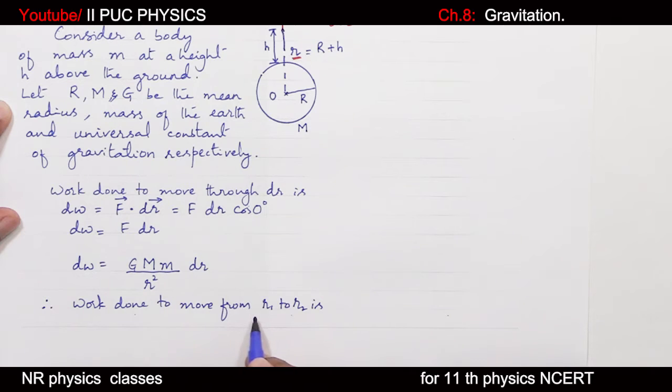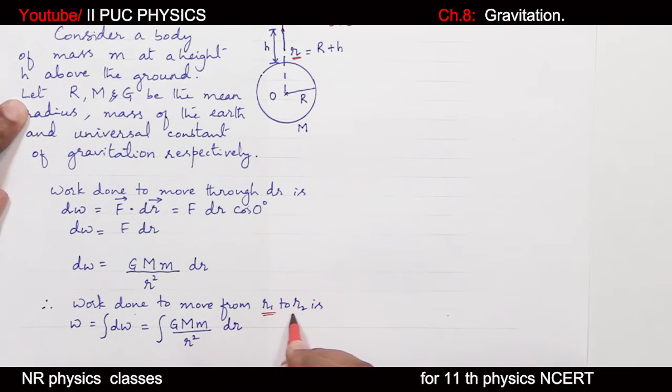Work done to move from R1 to R2 is total work done. We should integrate dW equal to integration of G M m by r square into dr. Limits are from R1 to R2. So you should write here R1, R2.